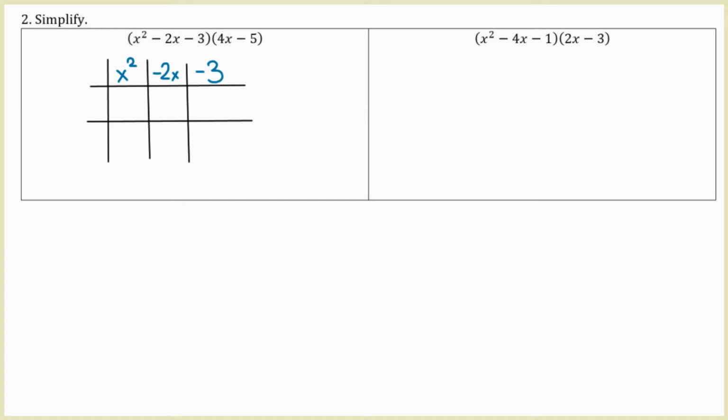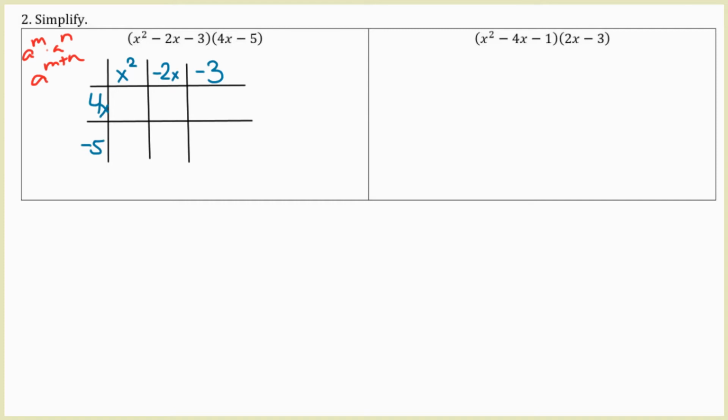And then on the other side, we're going to put our other polynomial, 4x minus 5. And we're going to multiply, okay? Remember, when we multiply, we add our exponents, just like our previous examples.